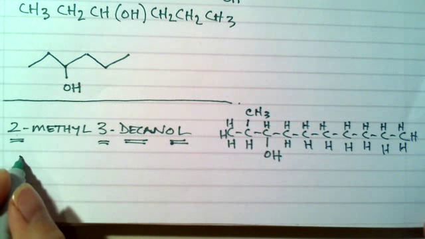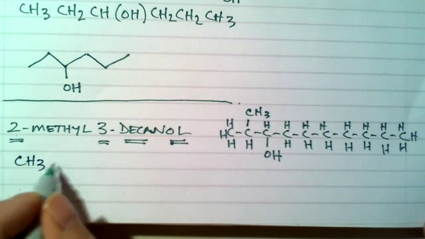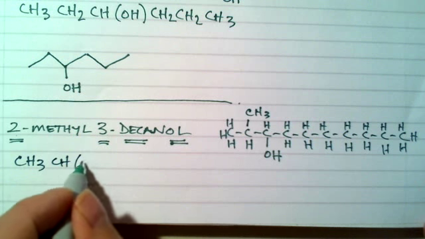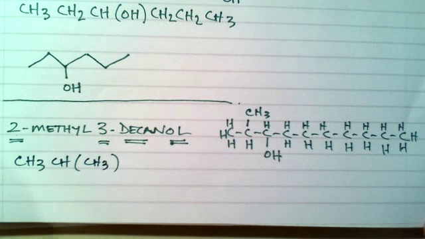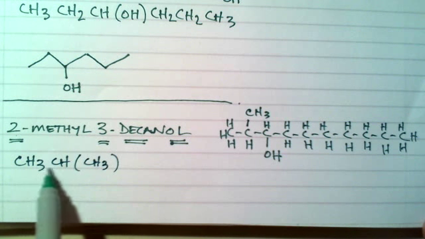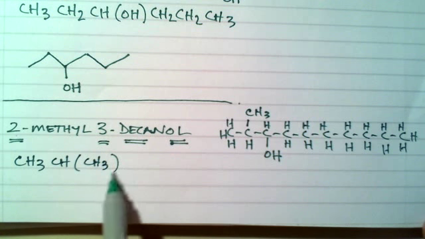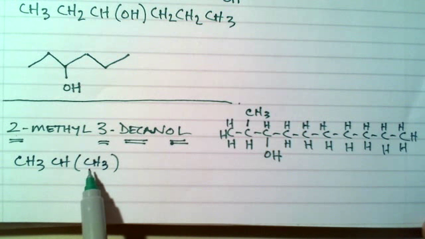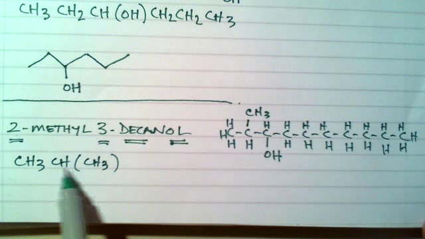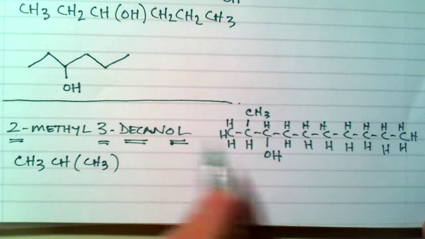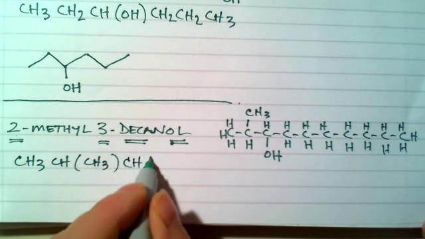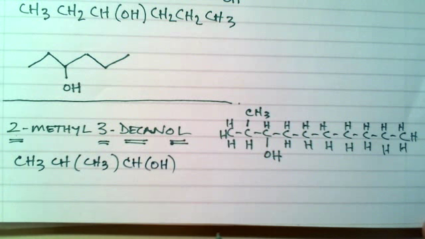Condensed structural. CH3, CH. Now make sure that when your pendant group is a methyl, because that could be part of the backbone, that you put it in brackets to make sure I know that that guy is attached to this one. So there's my CH3. Then I have a CHOH.